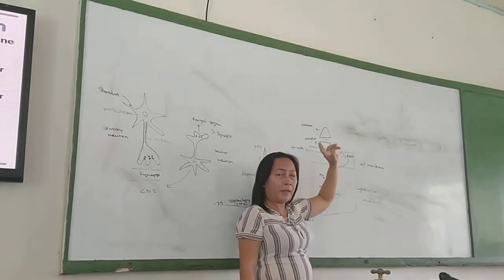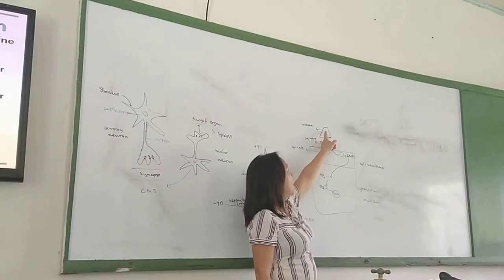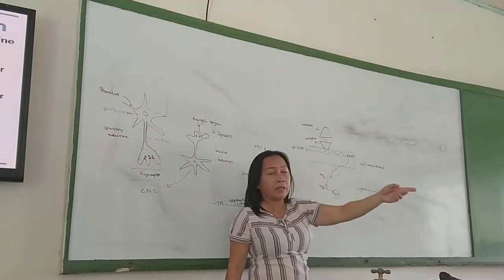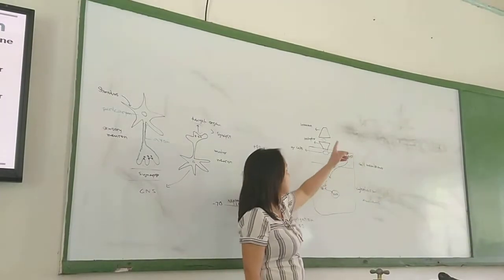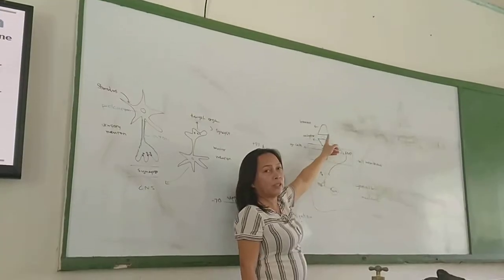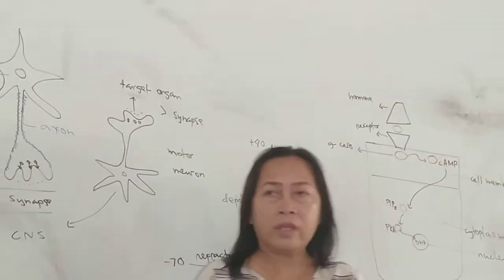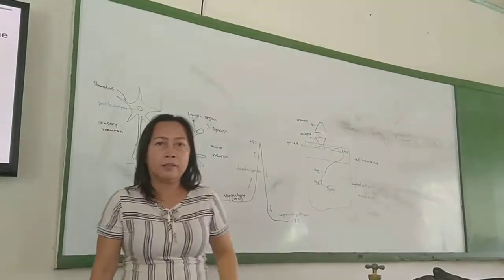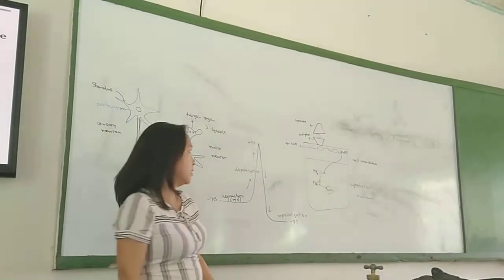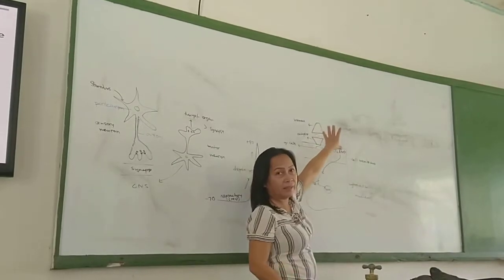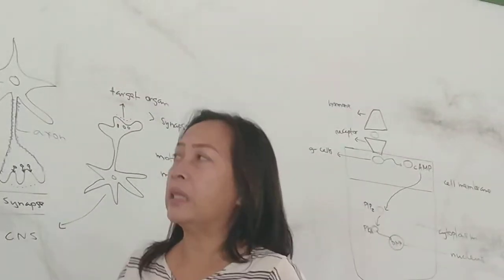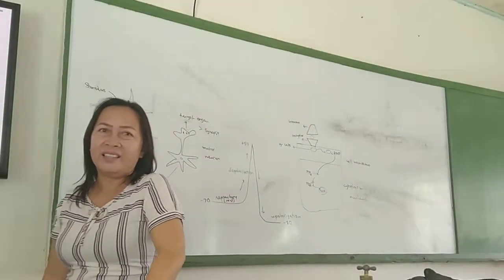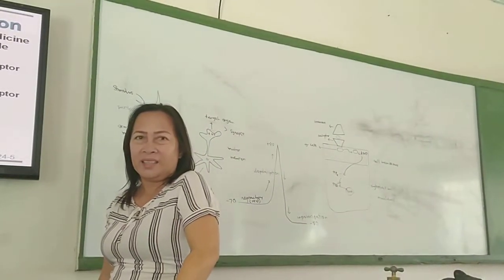So when the substrate produced by the disease-causing microorganism sees the receptor, then it can bind. The role of the pharmaceutical, or the drugs or medicines, is to prevent its binding. And we call what they are producing an antagonist, kontrabida, that prevents its binding.